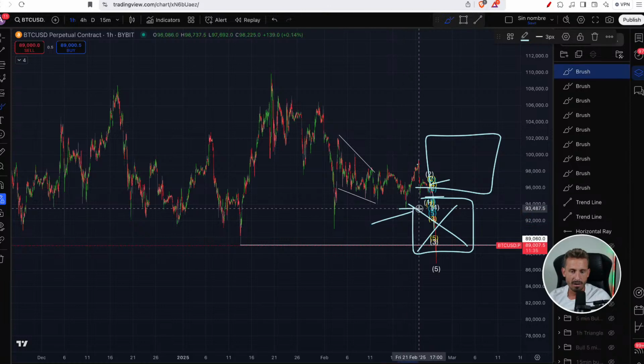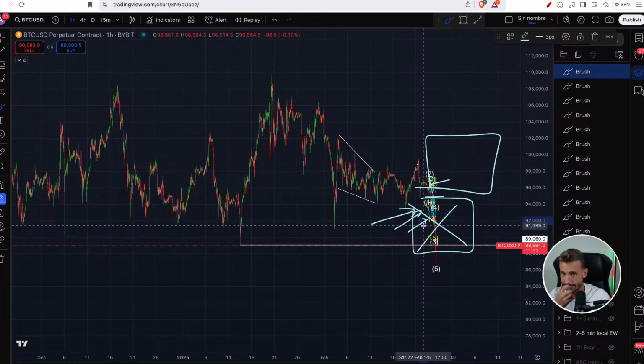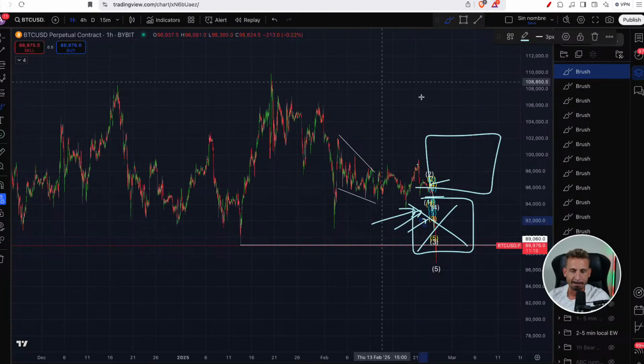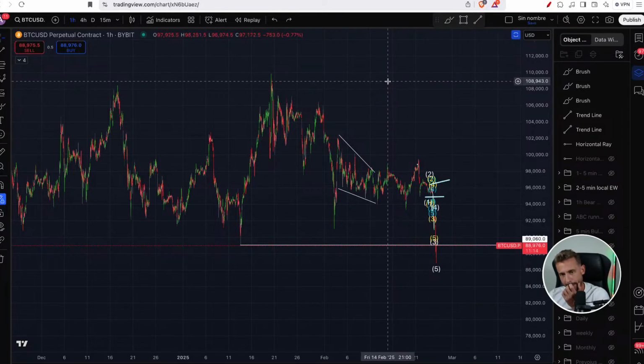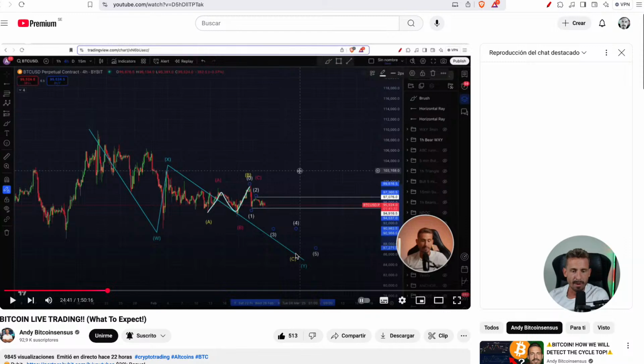If you are emotionally looking for the reversal as the price is dropping down to levels of interest or support, you are going to get swept. You're going to get wiped out. We understand that, right? So the bearish case is the one that played out.